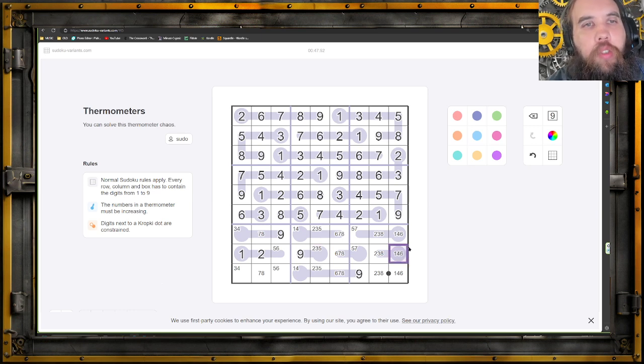Oh, here we go. This can't be the 1 anymore. Off color. There we go. With that being not 1, this can no longer be 2 or 3. This does have to be 8 because the 4 is bigger than both of those. So this is the 8.